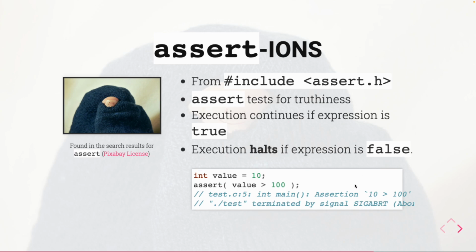So in this sample code, we have a value 10, and we're asserting that the value is greater than 100. Last I checked, 10 is not greater than 100. So assert will essentially crash the program and give you a helpful error message saying that one of your assumptions has been violated.